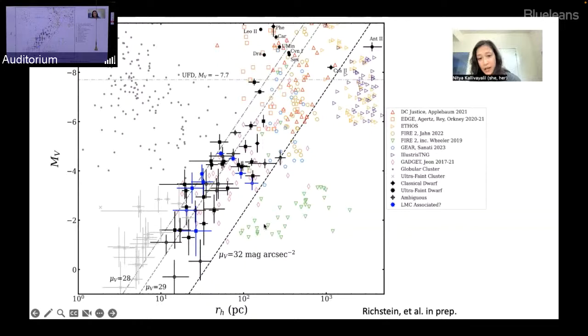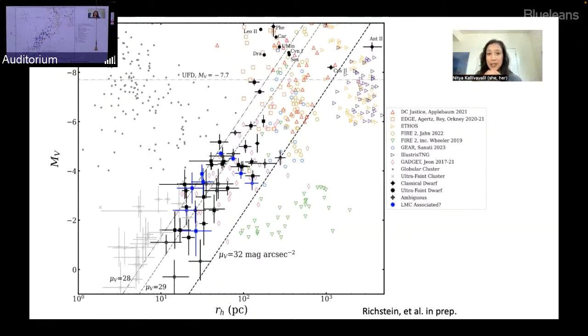Also, there are these simulated dwarfs from the Wheeler et al. sample using FIRE. These objects are fluffier than objects that we've actually measured in the Milky Way vicinity thus far.